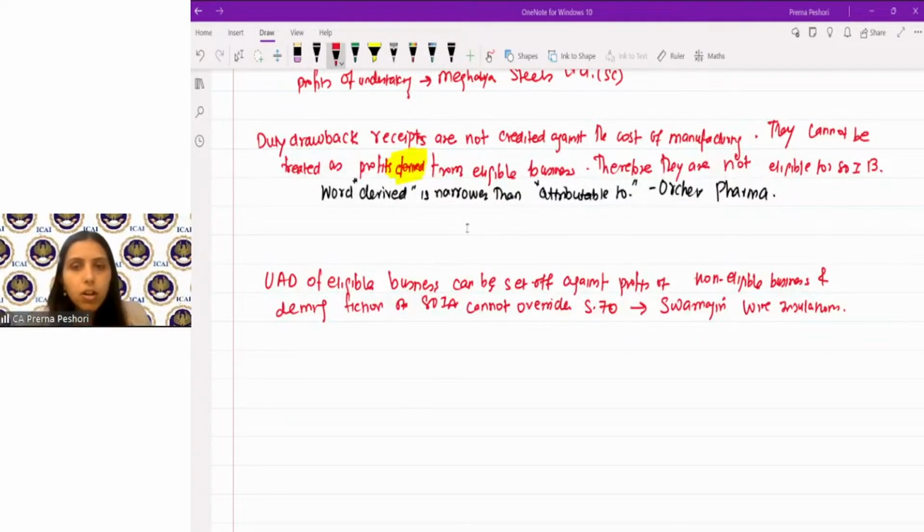So if there are disallowances made under 40A(ia), 40A(3), 43B, then Chapter 6A deduction will be allowed. The courts have held that the Chapter 6A deduction will be allowed on the enhanced profits of the eligible business. The CBDT has clarified that the deduction under Chapter 6A is admissible on the profits so enhanced on account of such disallowance. So you can write it down.